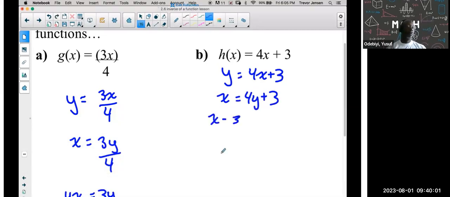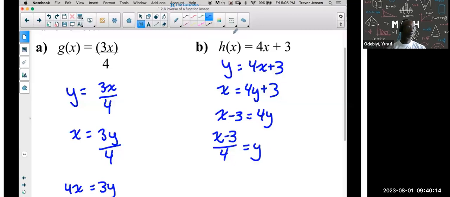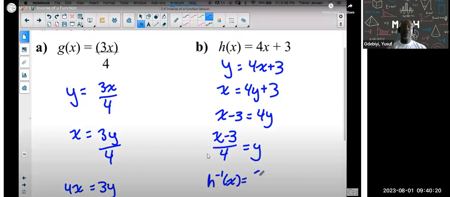So move the 3 over, so x minus 3 equals 4y, and then divide by 4. And now that it's rearranged to isolate y, we replace y with the notation for the inverse of h at x. So inverse of h at x equals x minus 3 all over 4.